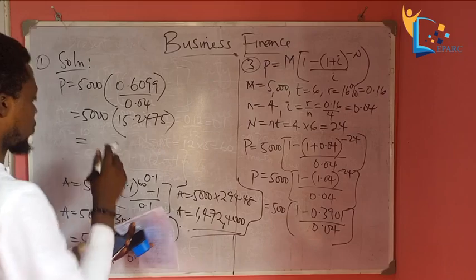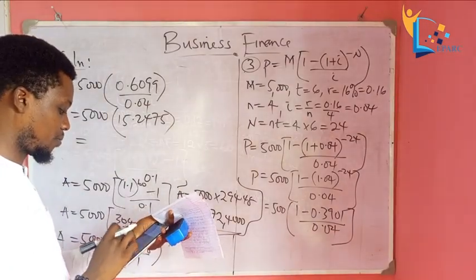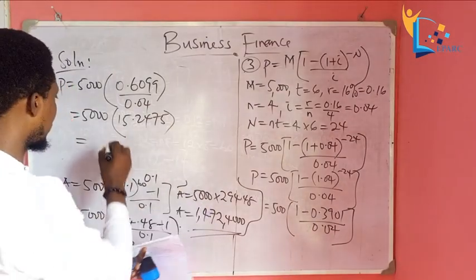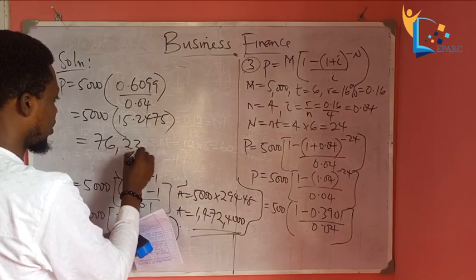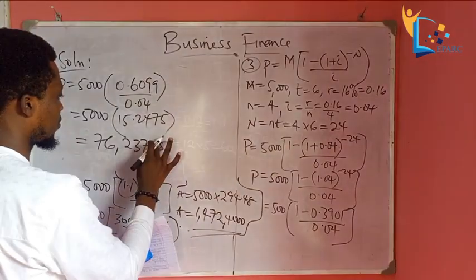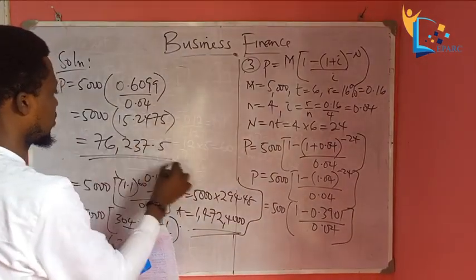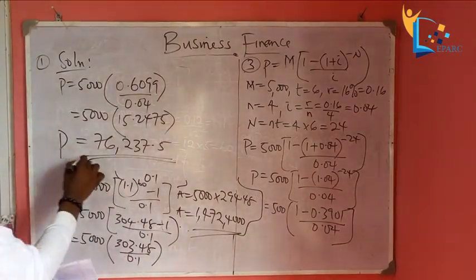Multiply by 5,000, we have 76,237.5. This is the answer. This is the present value.